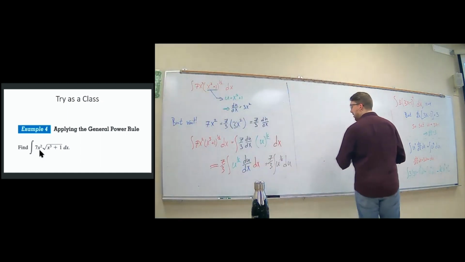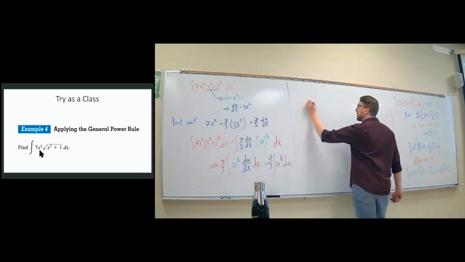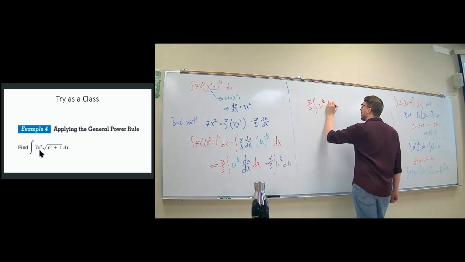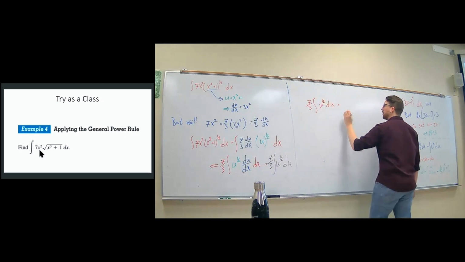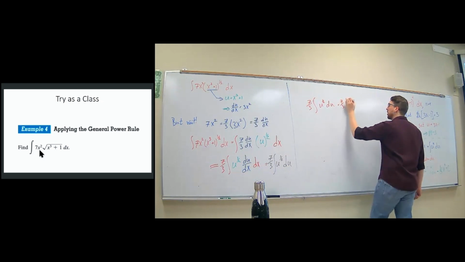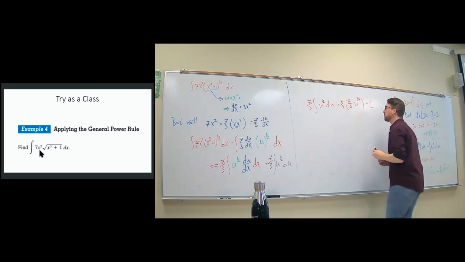Well, this integration I know how to do. 7 over 3, the integral of u to the 1/2 du. This is going to come out to be 7 over 3 times 2 over 3, u to the 3 over 2, all that plus a constant.